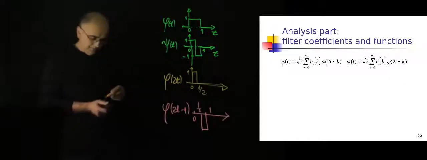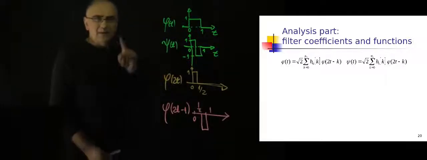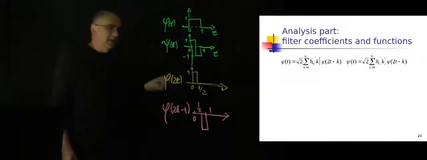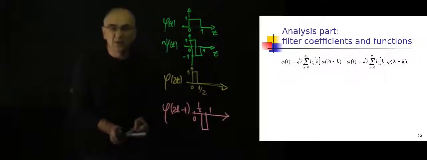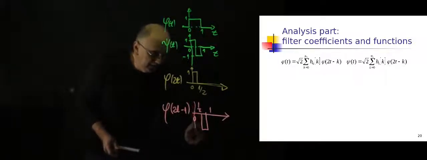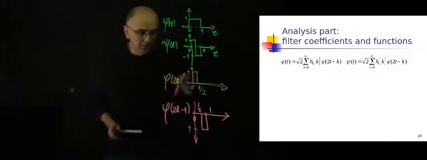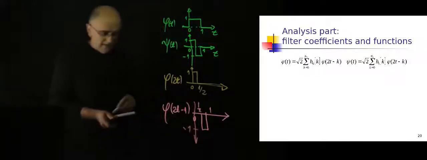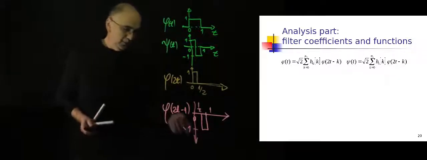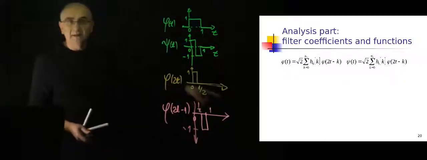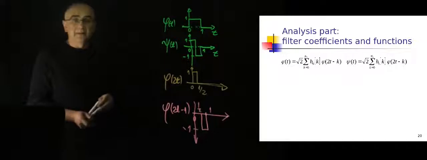So it's possible. In front of that summation there is a square root of 2, so I will have to divide this one and this minus 1 by the square root of 2 to fit in that equation. So it's not going to be 1 or minus 1, but 1 over square root of 2 and minus 1 over square root of 2, just to cancel that square root of 2 which lives in the equation.